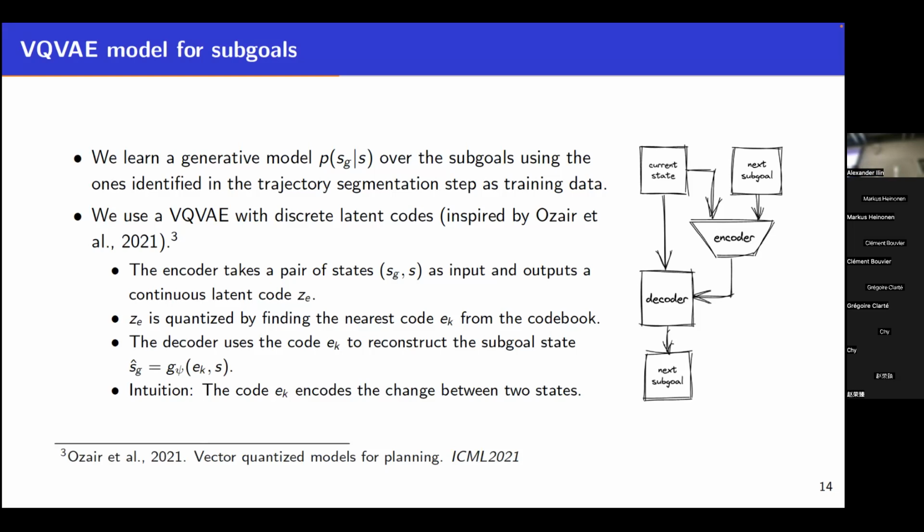You pass this discrete code to the decoder, and the task of the decoder is to reconstruct the next subgoal given the current state. So again, the code that we generate here represents the difference, what you need to do to go from the current state to the next subgoal.